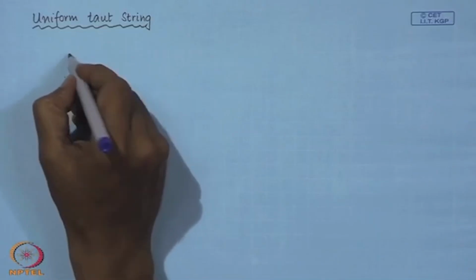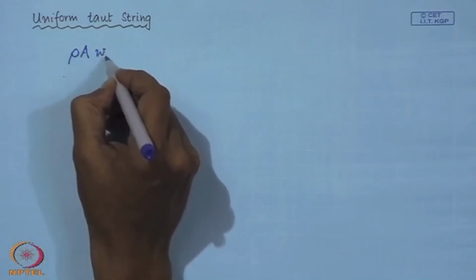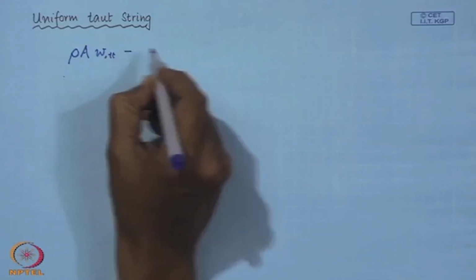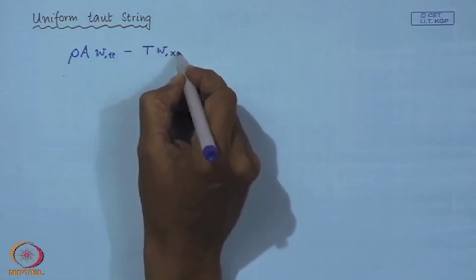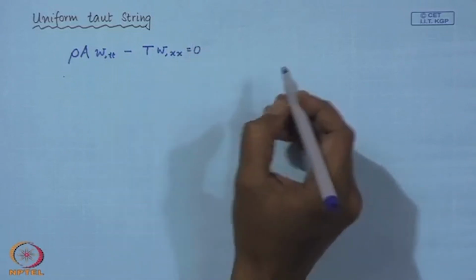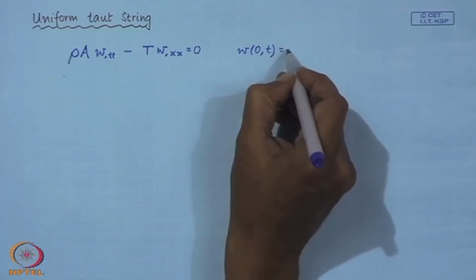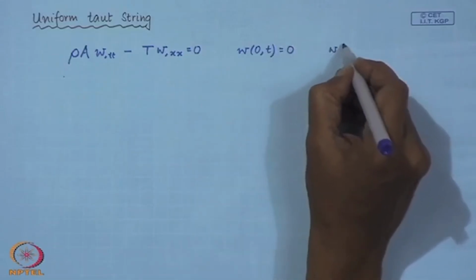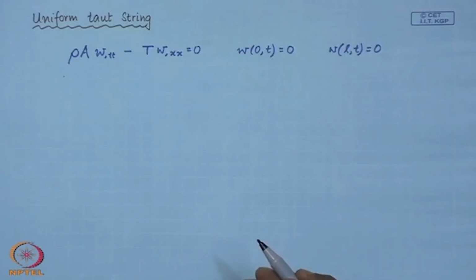So, the equation of motion and the boundary conditions look like this.